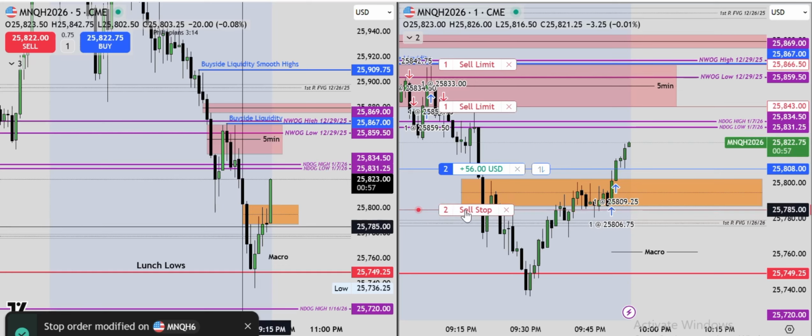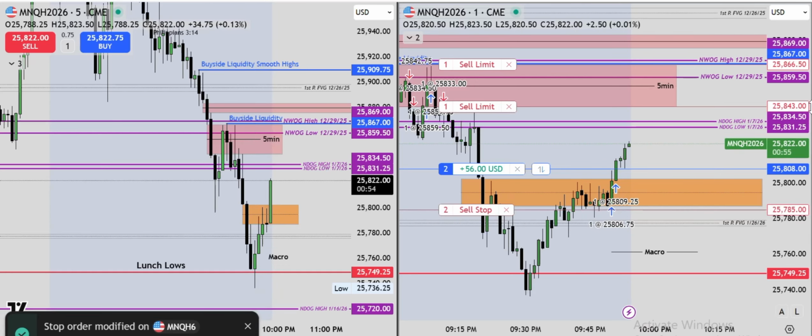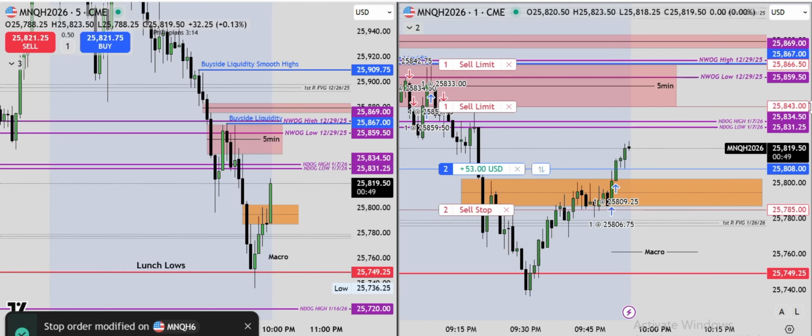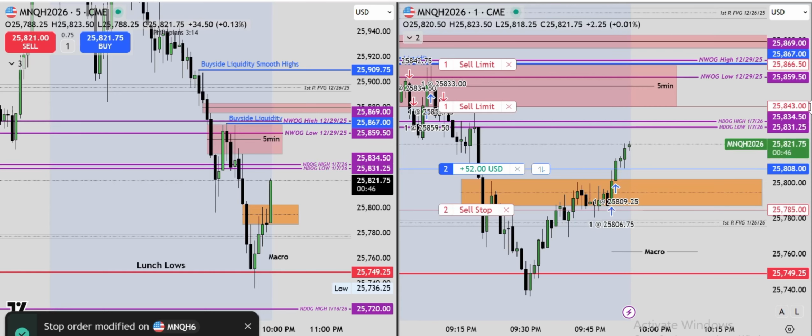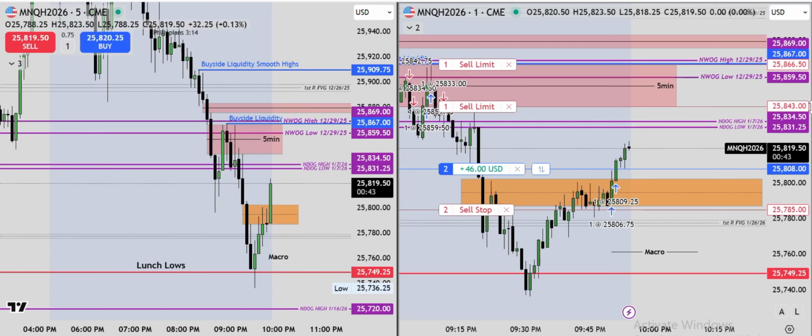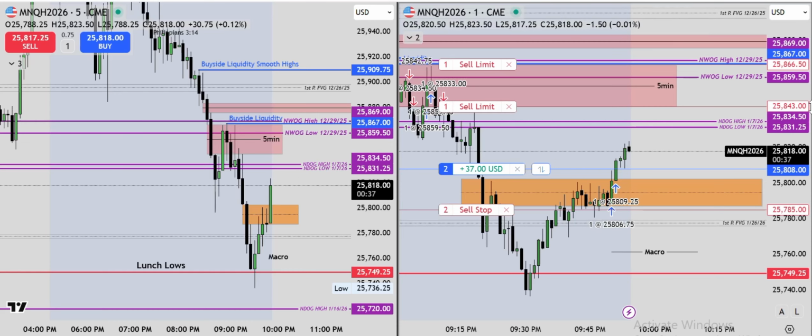So right now the 5-minute looks really good. We're trading above another fair value gap. We're disrespecting it on the 5-minute. I want to see it close above it. And I really want to see how we react to that previous new day opening gap.